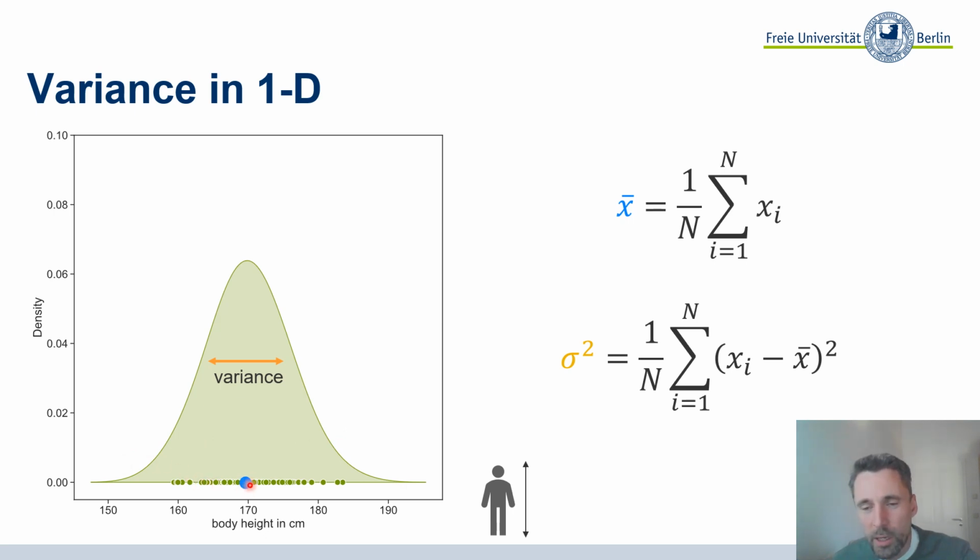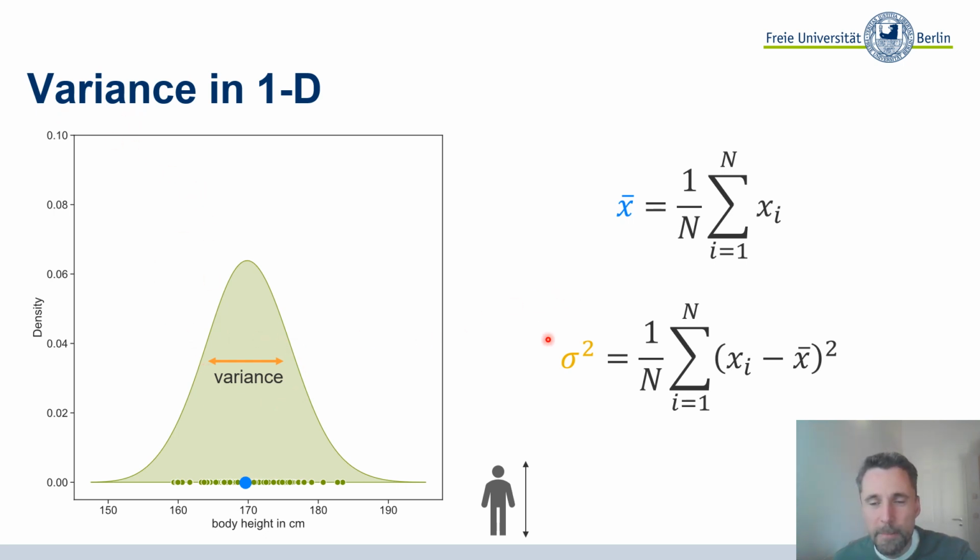We can look at, okay, where is the center of this distribution, and we calculate an estimate of this underlying distribution by just averaging all the data samples. So all of these green points here are summed up, and then we divide by the number of samples that we have. And the second number, that's the variance that we want to look at.